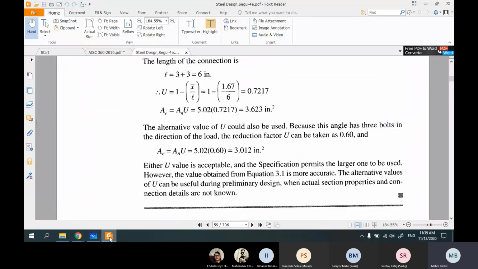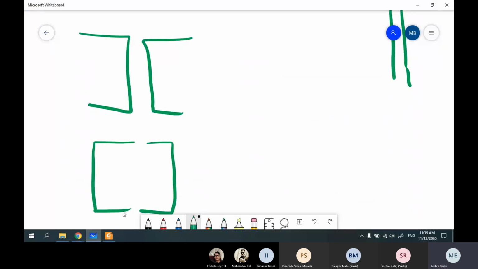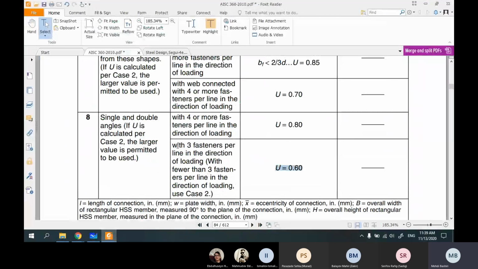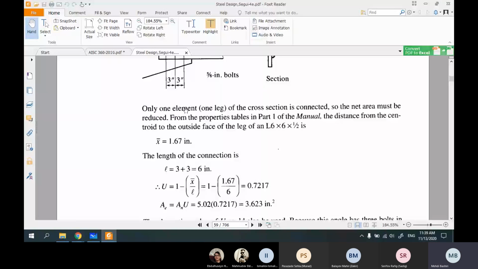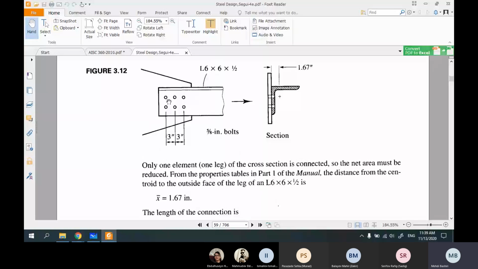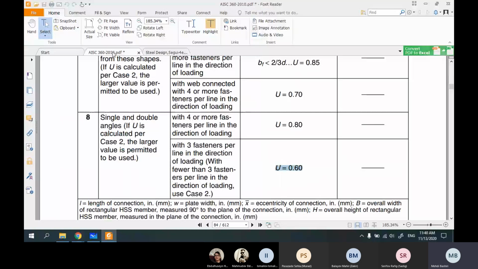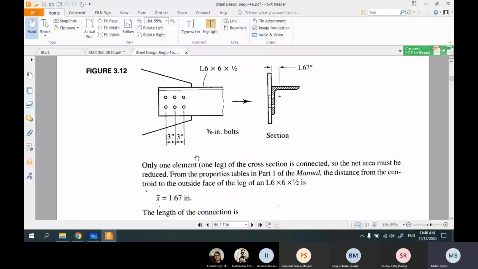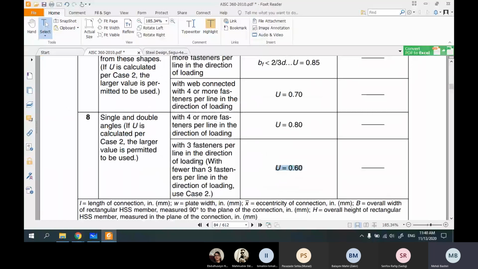But if you use the last part of the table, where is that? This one. In this case, how many fasteners do we have? Maximum 3 fasteners per line. Yes. So instead of doing these calculations, you can consider this one, single and double.